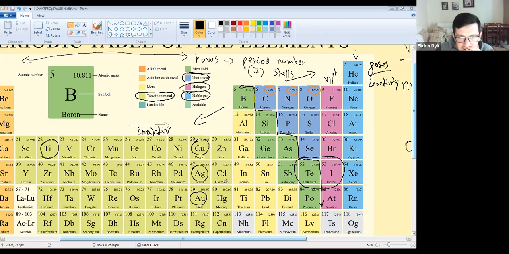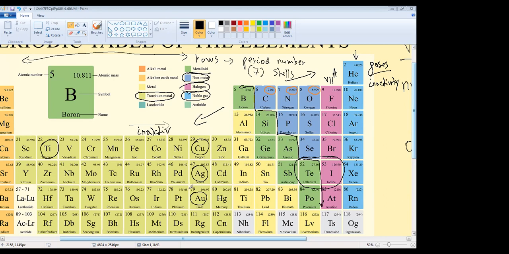Maybe you can write there. Can you write here in chat what is the difference? What changes when we pass from tellurium to iodine?